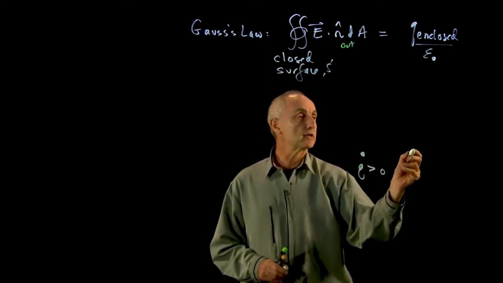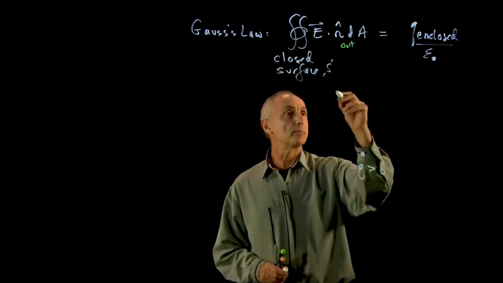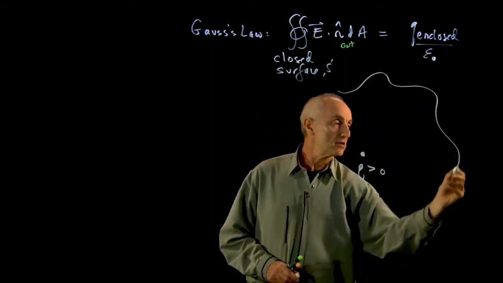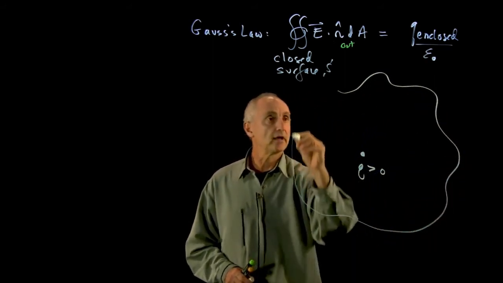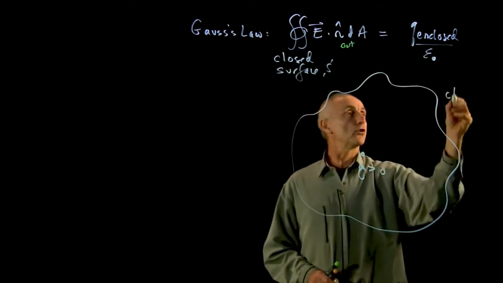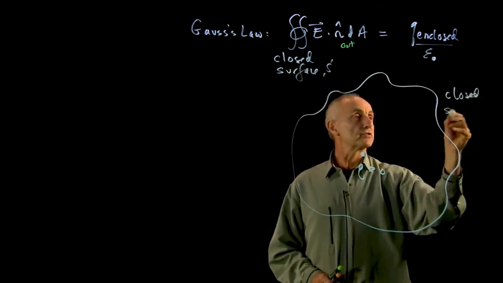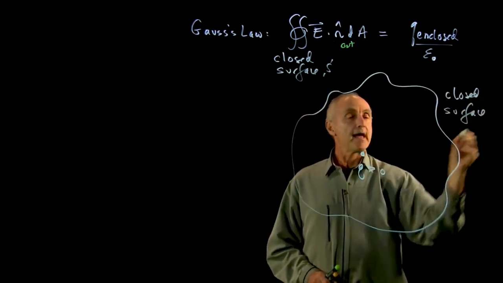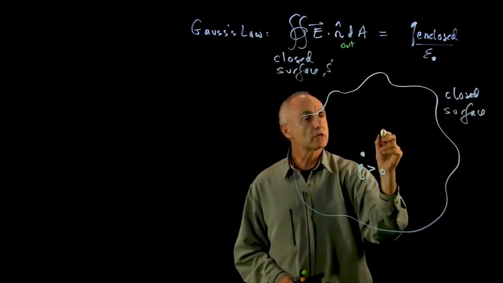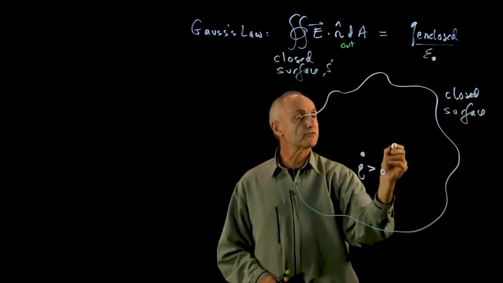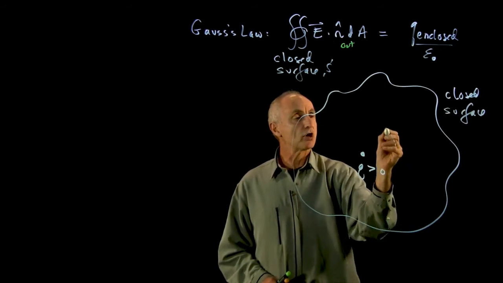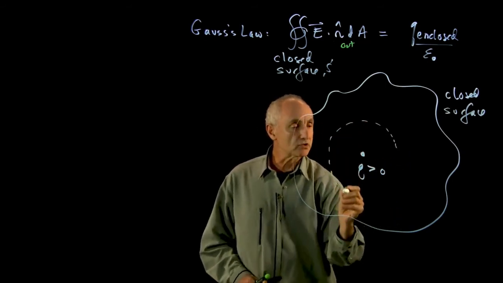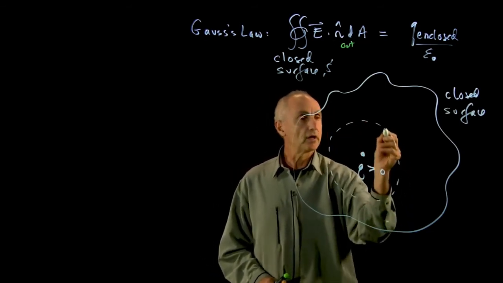And let's look at the following closed arbitrary surface. So here we have an arbitrary closed surface. And what I'd like to do is put a spherical closed surface inside, surrounding the charge.